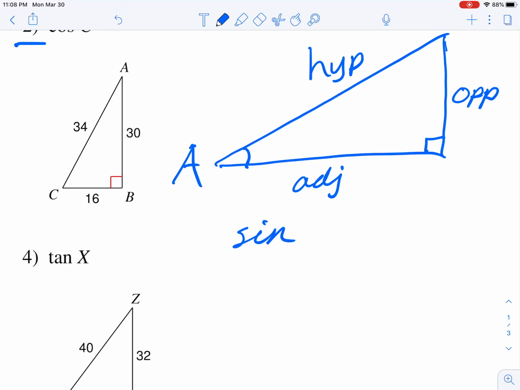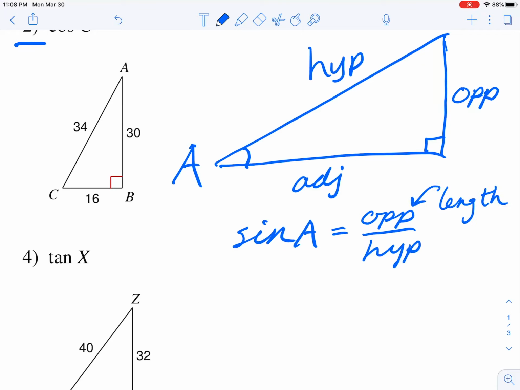We say that the sine of A is equal to the opposite side over the hypotenuse. And when we say opposite over hypotenuse, we mean the length of the opposite side over the length of the hypotenuse.